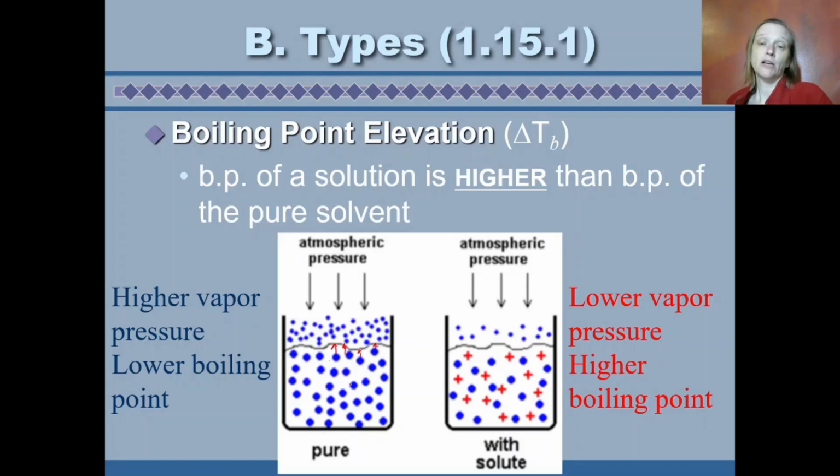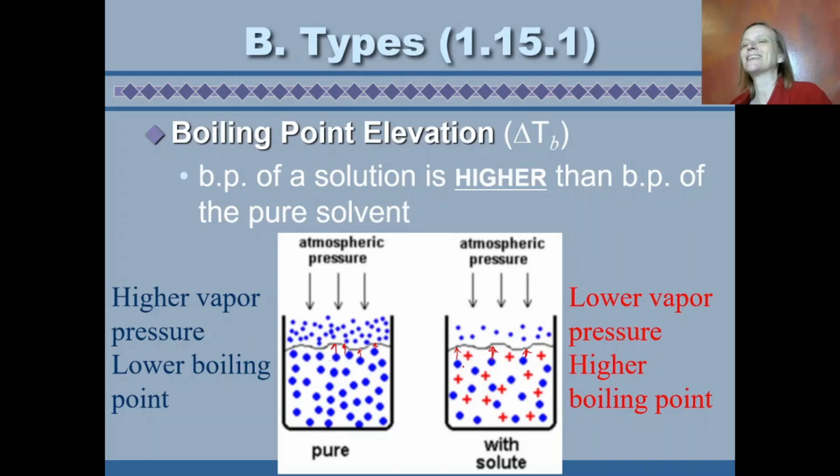The vapor pressure of pure water is higher than the vapor pressure of contaminated water or water with solute in it. Because basically, if you think of the whole surface of the water here is 100% water molecules, and in this example, as it's drawn, it looks more like 50% water molecules.